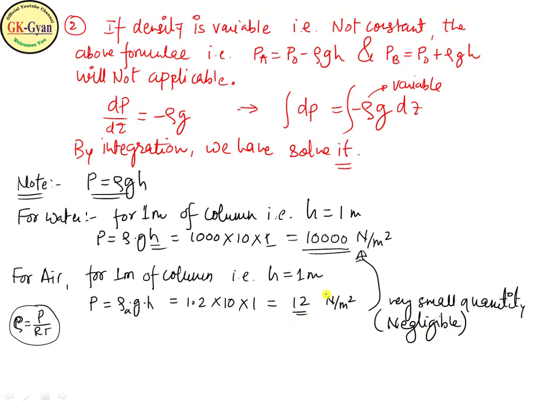It is negligible. So for both, water and air, the height of the column is the same, that is 1 meter, but the change in pressure for water is very fast. In case of air, the pressure is not sensitive for low height. It will show a very small or negligible change in pressure.